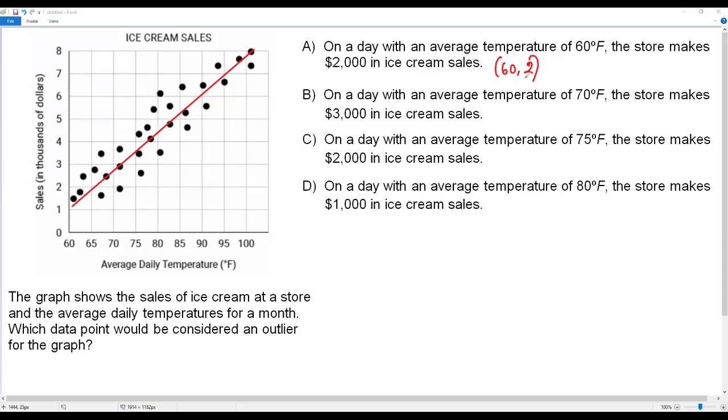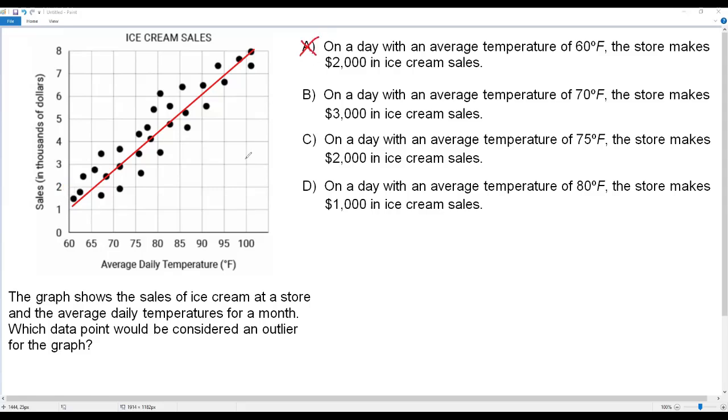So we have to plot the point 60, 2 in the graph given over here. 60, 2 means on the horizontal axis we have to take 60, on the vertical axis we have to take 2. 2 means $2,000. So 60, 2 is over here. So can this point be an outlier? No, it's almost close enough to the line of best fit in red color I have drawn. So option A can be rejected.